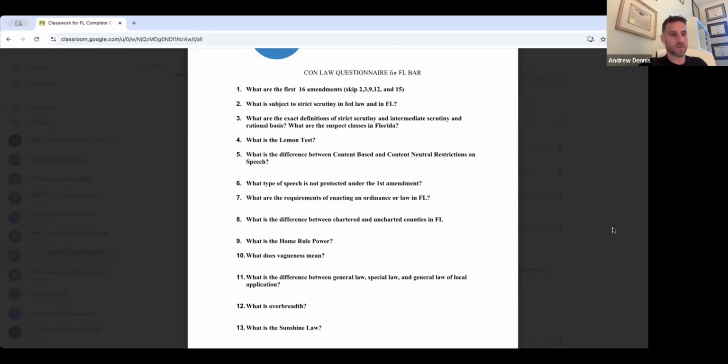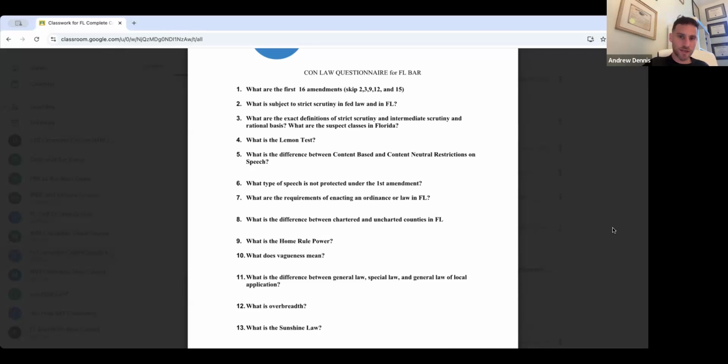And then there are some other fundamental rights in Florida, like the right to vote, the right to work, the right to travel, access to courts, the right to bear arms, the right against self-incrimination, the right to privacy, anything implicated under the Constitution. These are all fundamental rights in Florida. So be careful: if it's a fundamental right, it's going to have to survive strict scrutiny.